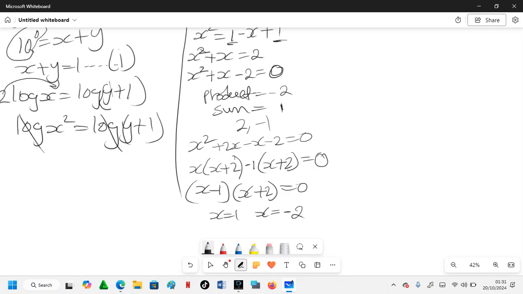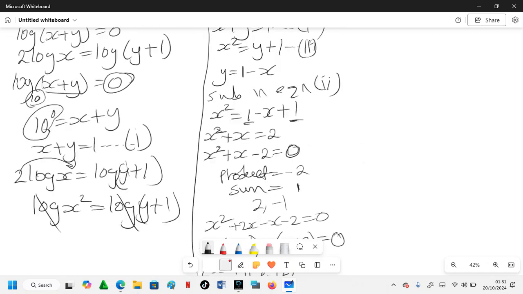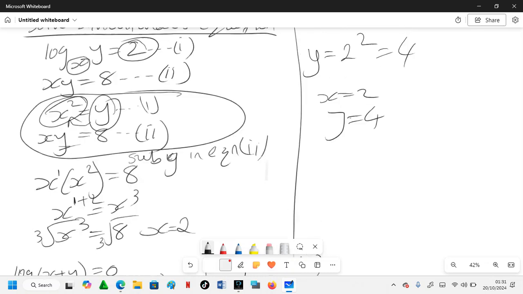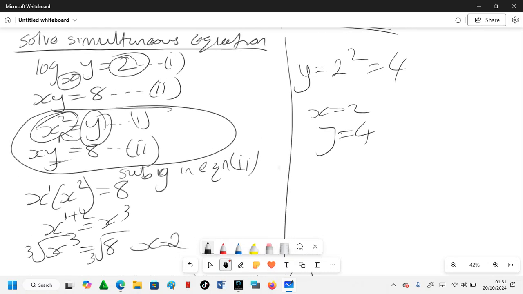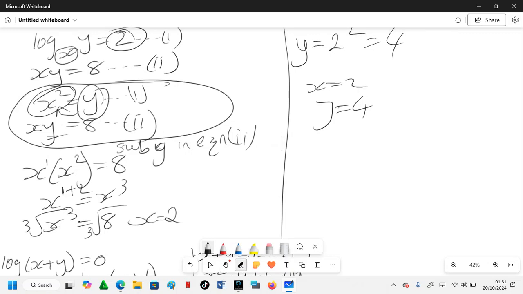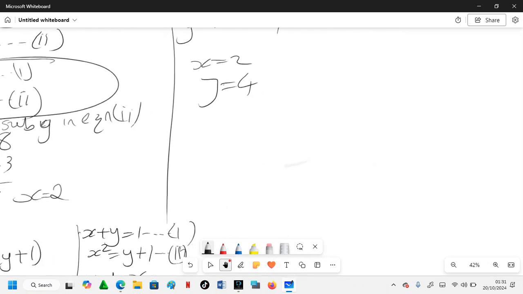But now, for log to be defined here, our x must be greater than 0, right? For log to be defined, our x must be greater than 0.